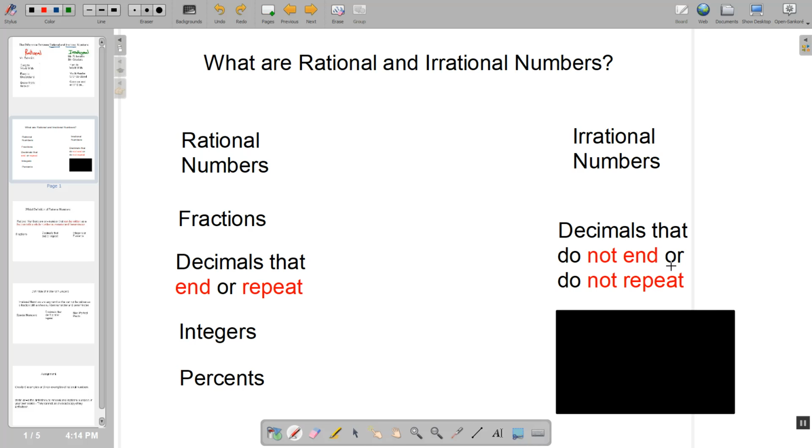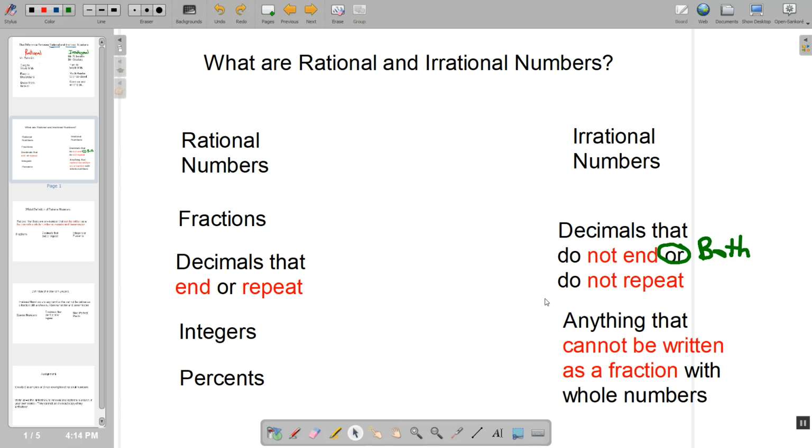It's key here to make sure that they have to do both of these. If you have a number that ends or repeats, then that would make it a rational number. So it has to end or repeat. It's not either or, it's kind of both. And anything that can be written as a fraction with whole number, numerator, and denominator. That's going to be the really important part.